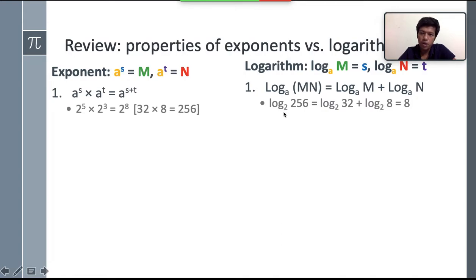Let's say you have log base 2 of 256. Without looking at this side, if you solve this part, you will notice that the solution is actually 8.